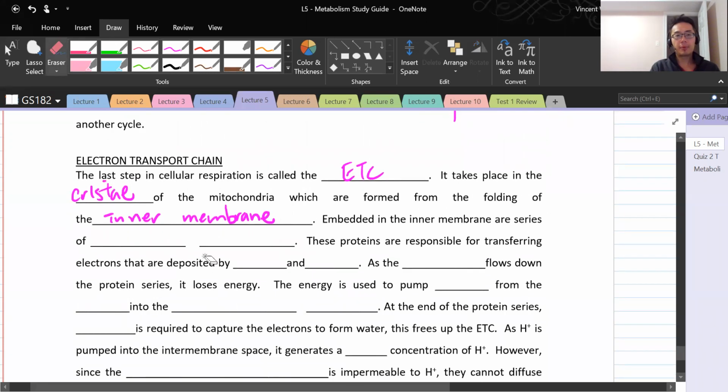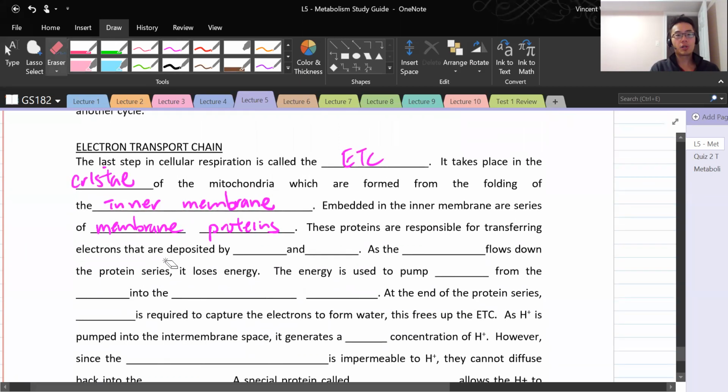Embedded in the inner membrane are a series of membrane proteins. These proteins are responsible for transferring electrons that are deposited by NADH and FADH2.